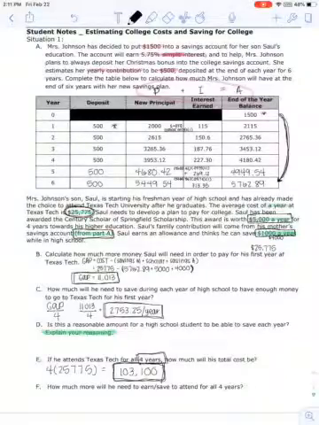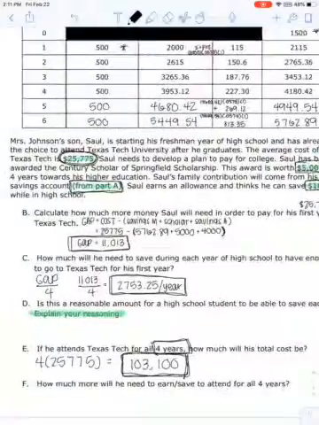So now it says, how much more will he need to earn, save to attend for all 4 years? So we're going back to kind of Part B, but we're replacing the cost with 4 years. So our equation is going to be similar.